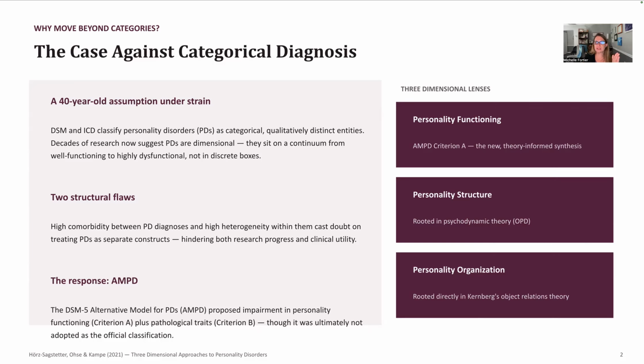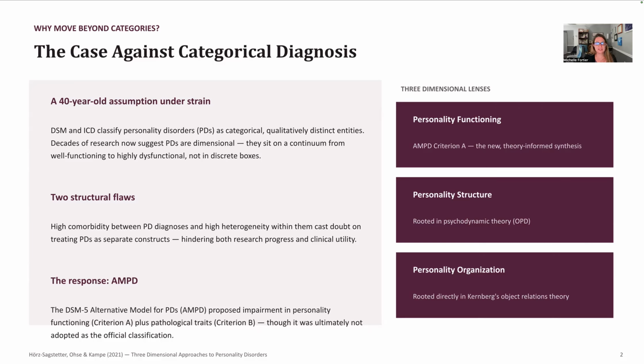You can have somebody with BPD who self-harms, has black and white thinking, reckless behavior, and large emotions. And then you have somebody else who has just some of those and has dissociation. So not everybody in the disorder looks the same, and that's what they mean by high heterogeneity within them. These cast doubt on treating personality disorders as separate constructs, hindering both research progress and clinical utility.